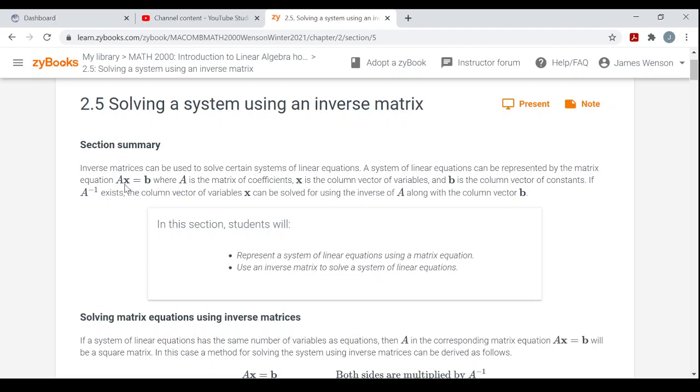If A is square, so 2 by 2, 3 by 3, and so on, then it might have an inverse. If A inverse exists, the column vector of variables x can be solved for using that inverse, along with the column vector b.